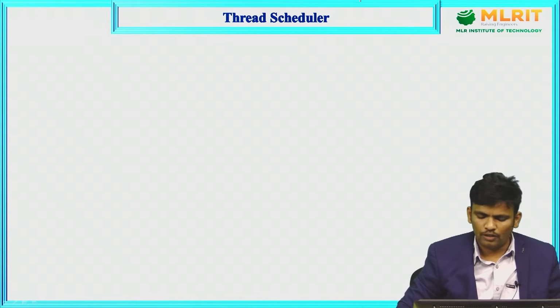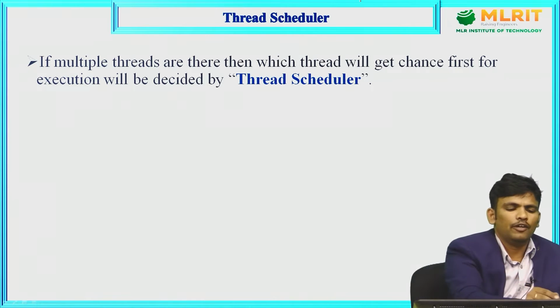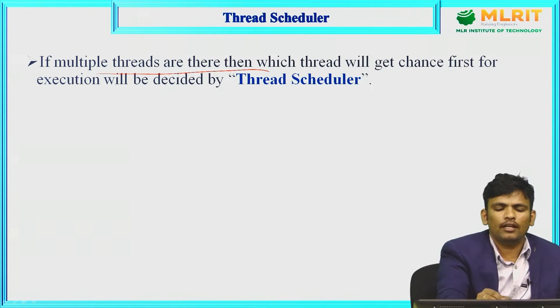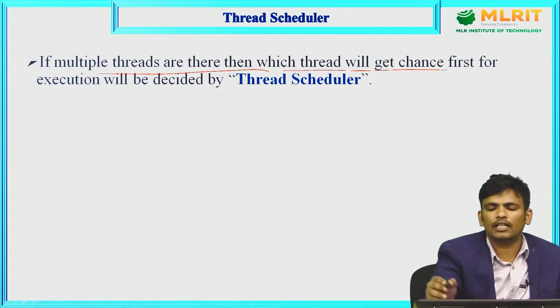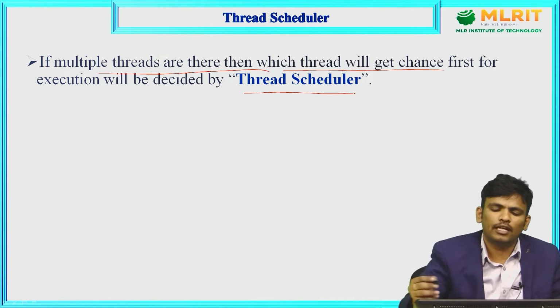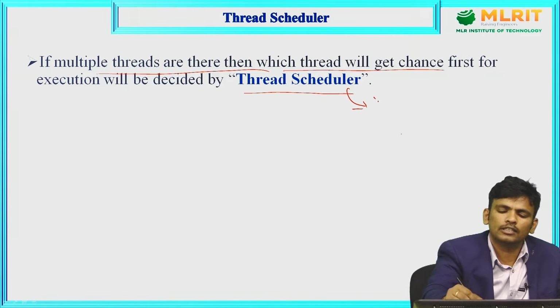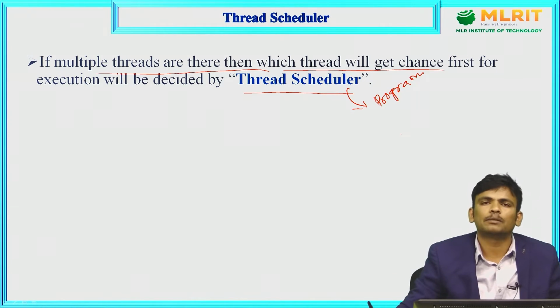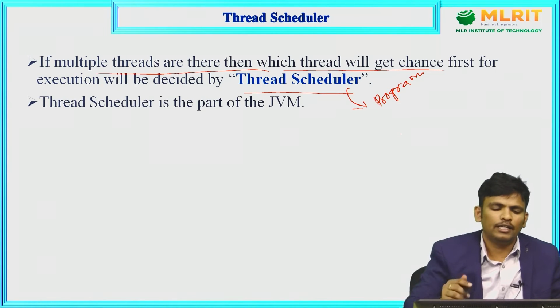If multiple threads are there, which thread gets the first chance of execution will be decided by the thread scheduler. The thread scheduler is a program, a piece of software. It's a predefined program and it is a part of the JVM.